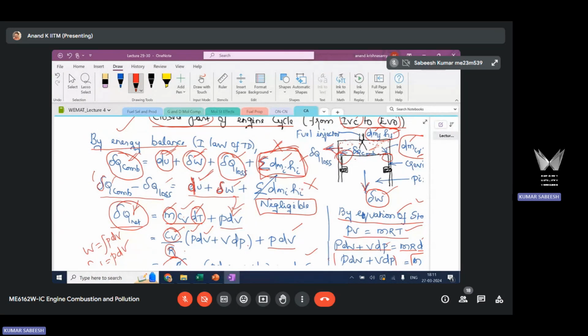Then you have the other three terms, and what we have done is we have just applied the du term. We expanded the du term through m Cv dT, which is a fundamental equation to get the change in internal energy: dU is given by m Cv dT. And delta W is the PdV work, displacement work, integral PdV. Since it's delta W, we can write it as PdV.